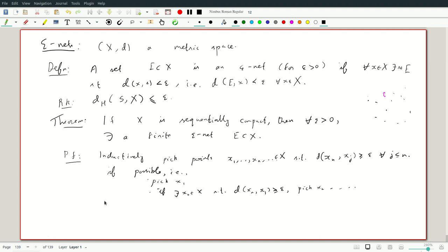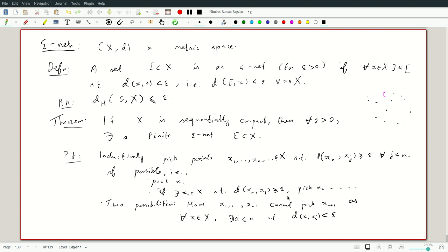Now what can happen here? There are two possibilities. Either we have x1, x2, ..., xn but cannot pick xn+1, as for all x in X there exists i, with 1 less than or equal to i less than or equal to n, such that the distance between x and xi is less than epsilon.